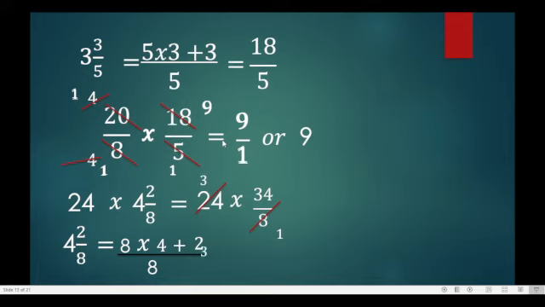So 3 times 34 equals: 3 times 4 is 12, carry 1. 3 times 3 is 9 plus 1 is 10, so 102. No need to indicate 1 below 102.